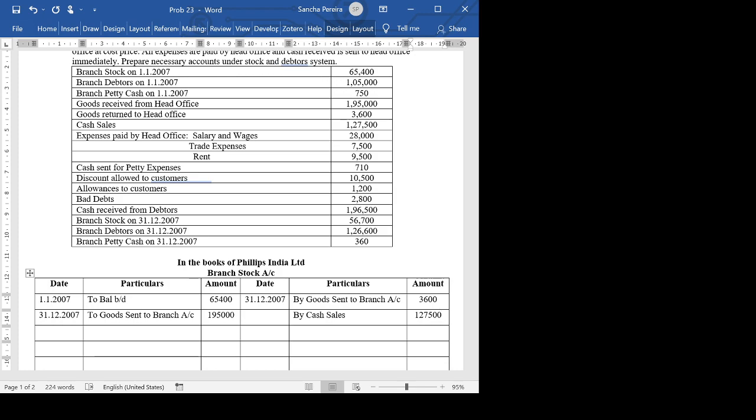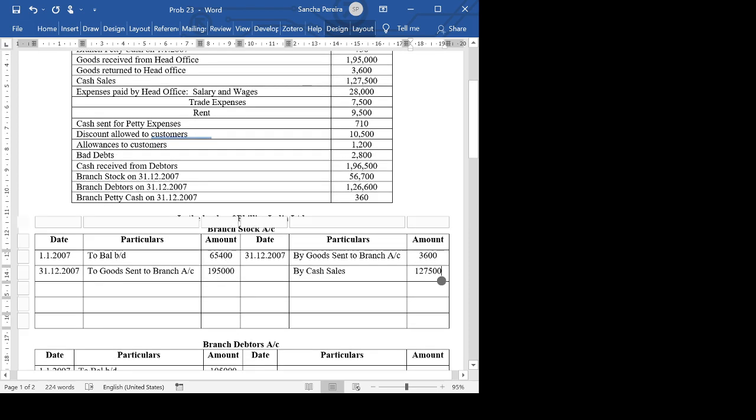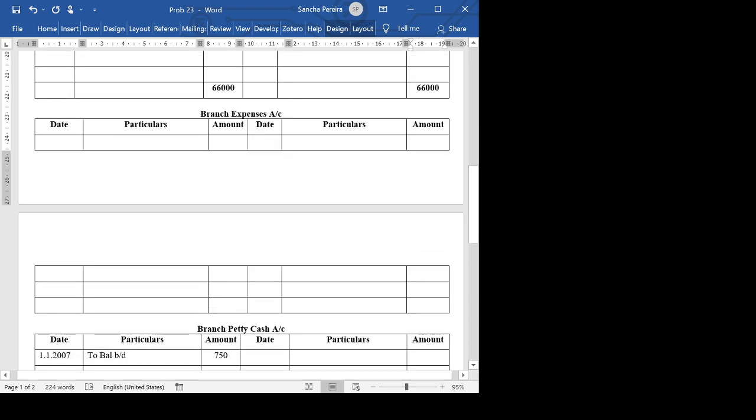Then we also have expenses paid by head office. So the expenses of the branch. Salary and wages, 28,000. To salary and wages, 28,000.